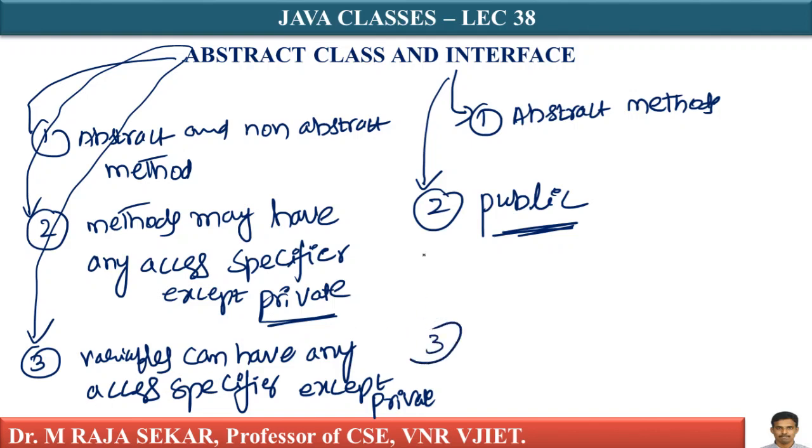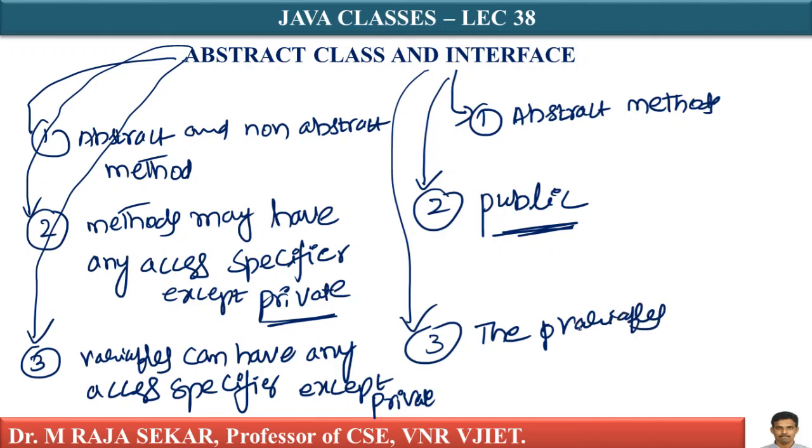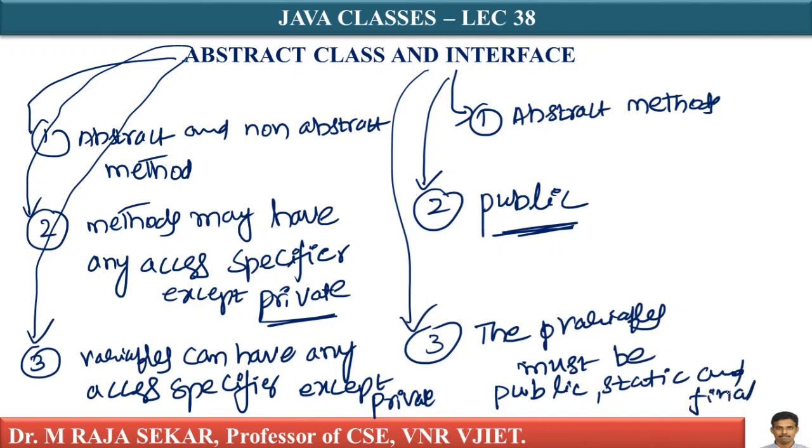What about an interface? What is the corresponding point in an interface? The variables must be public, static, and final. I already discussed what is public, what is static, what is final, isn't it?